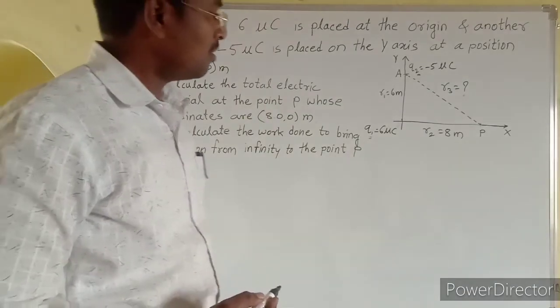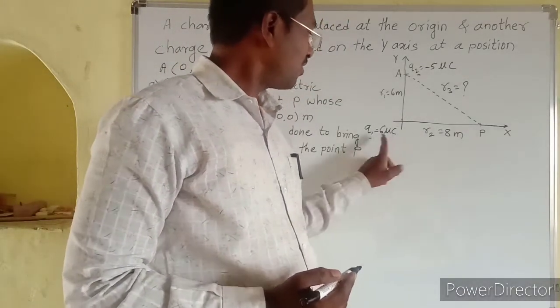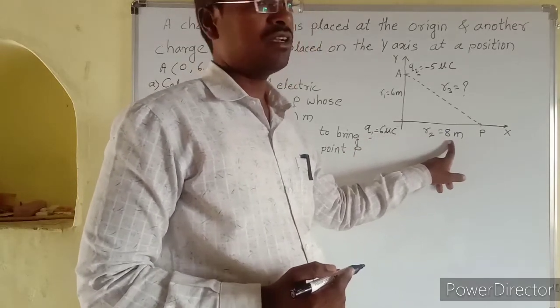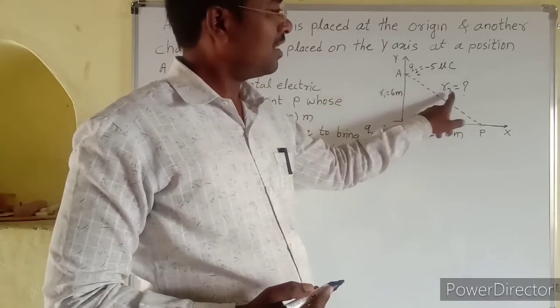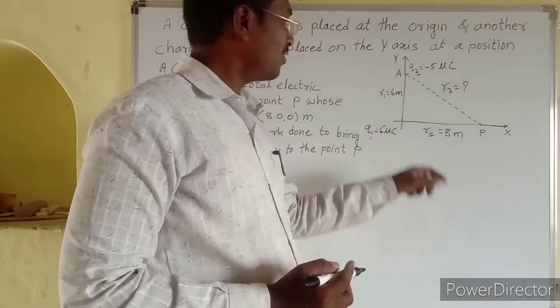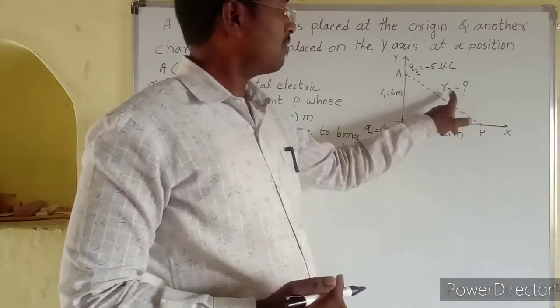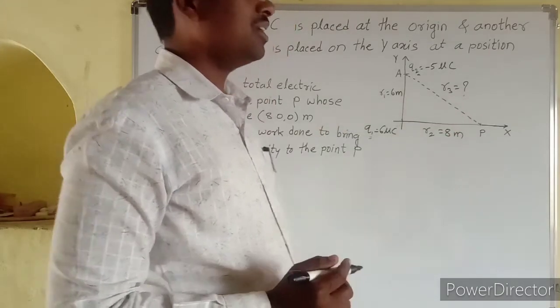Okay. Now this point P from this Q1 charge is at a distance of 8 meter, and this Q2 charge is at a distance R3. R3 is not known to us, but from this right angle triangle we can calculate it. First calculate this R3 distance.